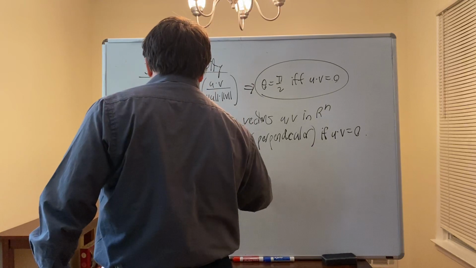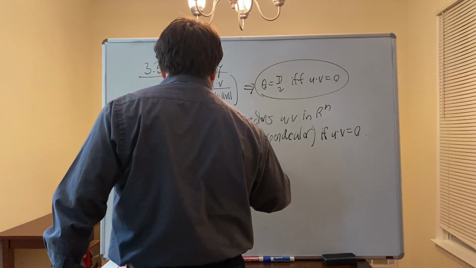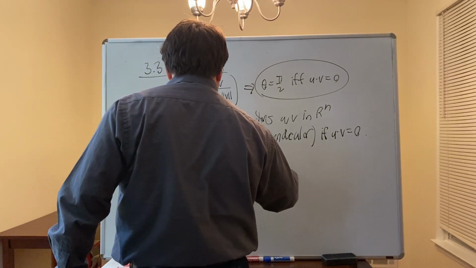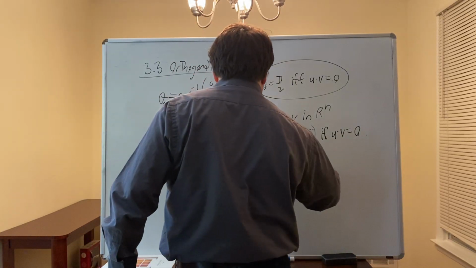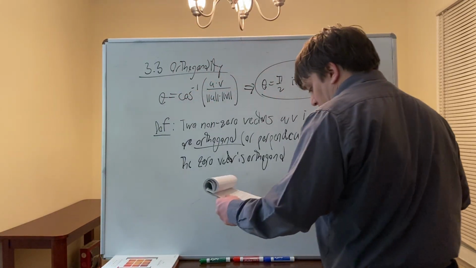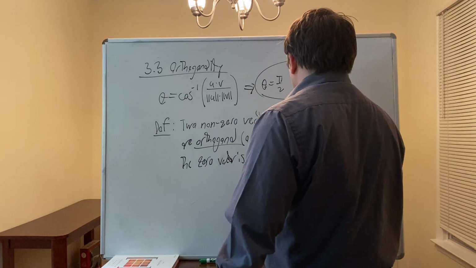Okay, so the 0 vector is orthogonal to every vector in n space.